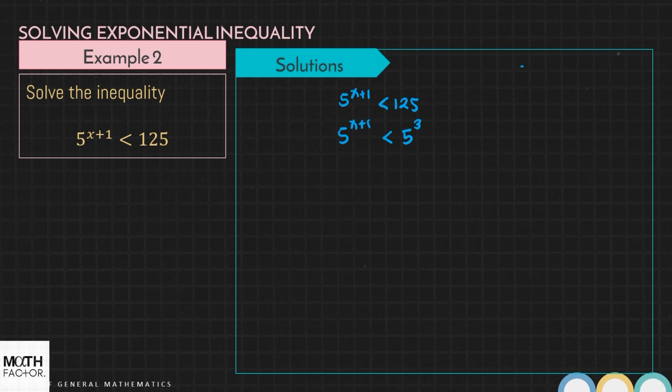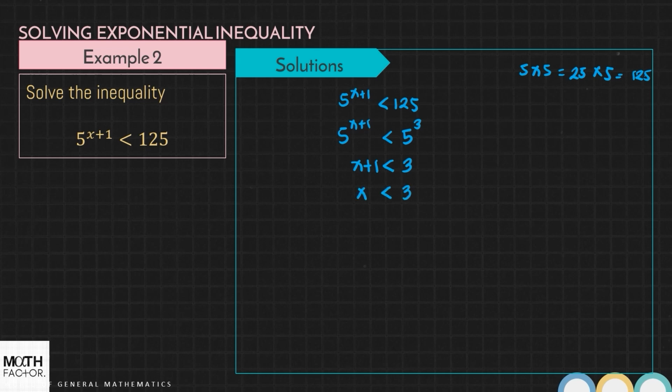Because 5 times 5 is 25 times 5, we have 125. So after that, we're going to apply the one-to-one property. We have now the same bases. We can now use the exponents. x plus 1 is less than 3.